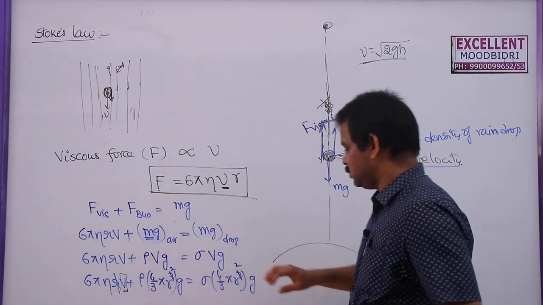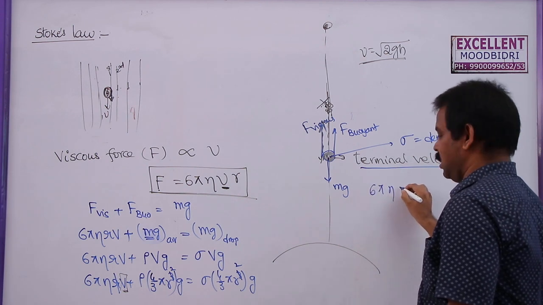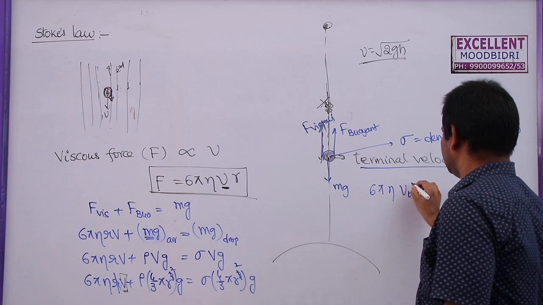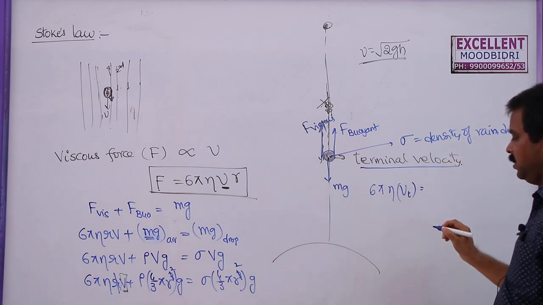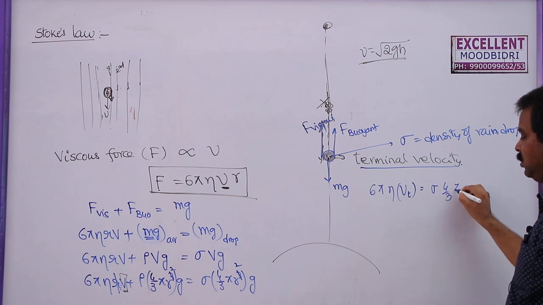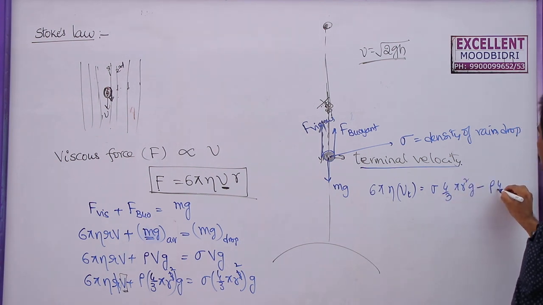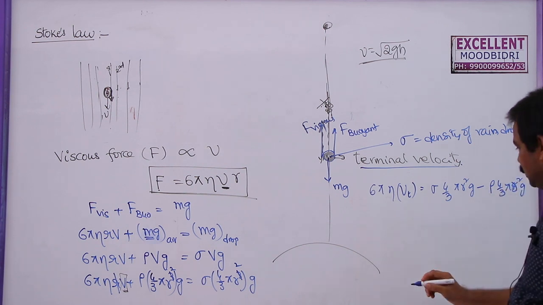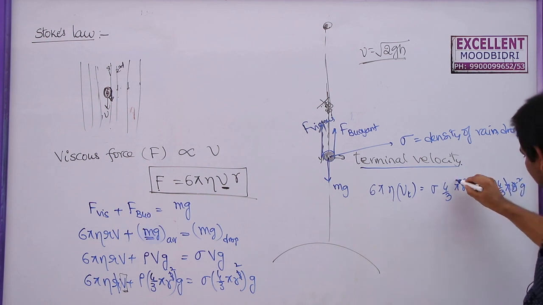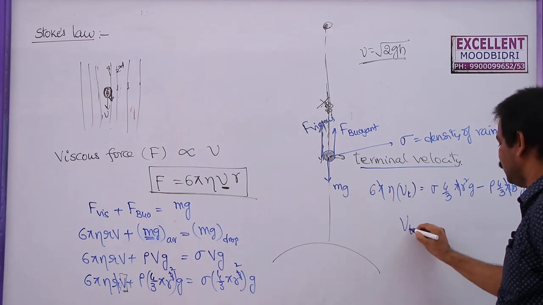So bring this term this side, you will get 6 pi eta V. This is the terminal velocity of this raindrop, which is given by sigma 4 by 3 pi r square G minus rho 4 by 3 pi r square G. You can cancel this pi here. I need only Vt, that is terminal velocity.